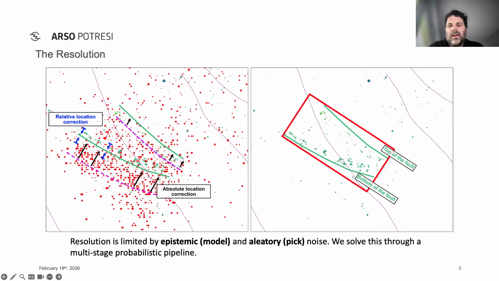If we make our models better, if we collect our data more precisely, we can reduce these errors to a minimum. And then on the other hand, we have aleatory uncertainty, which is basically randomness. It comes from things like ambient seismic noise, which is caused by wind, ocean waves, human activity, and we cannot remove it. No matter how good our velocity models are, no matter how good our instruments are, there is always some noise inside of our data.